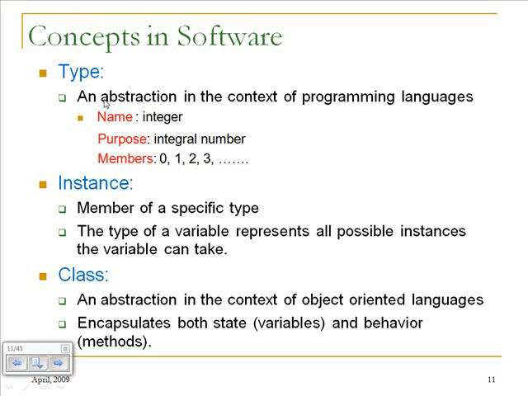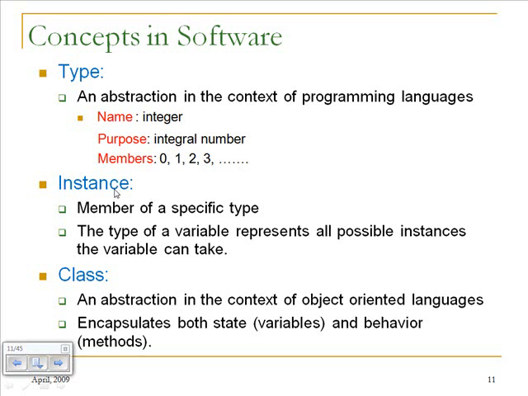Okay? So this is an abstraction in the context of programming languages. For example, we're going to have name, which could be, for example, integer, then the purpose, maybe integral number, and then the members of that type. In this case, we have 0, 1, 2, 3.